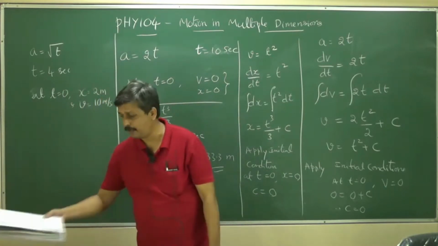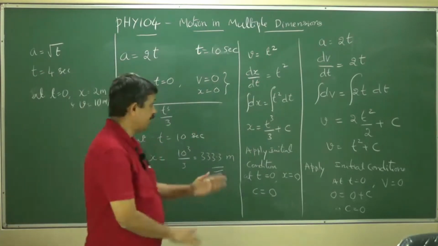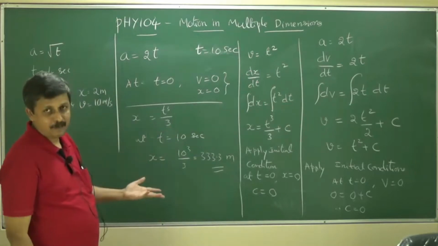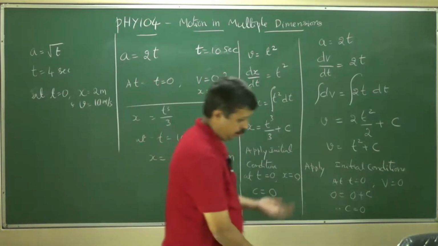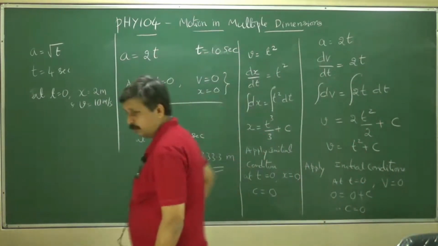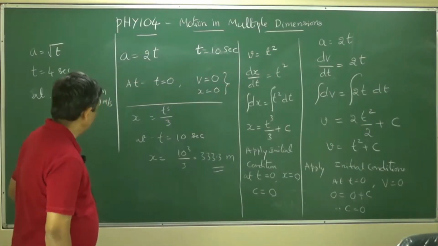So this is the problem. Now I will give you about 3-4 minutes. Let us see whether you can do it. And I am not going to erase this, because this problem will help you to know what the steps are, and follow exactly the same steps. So let's start.